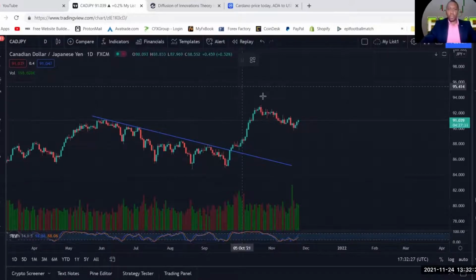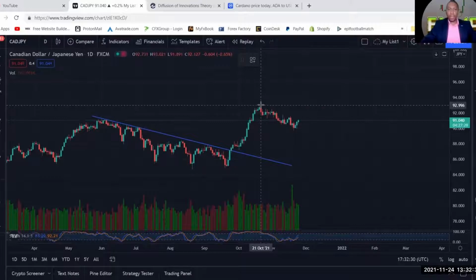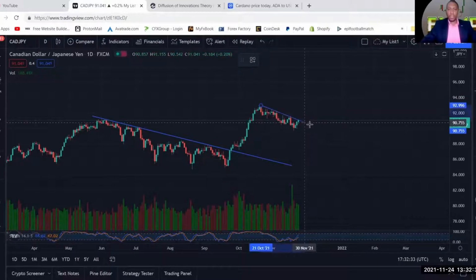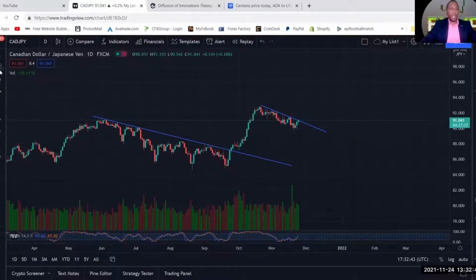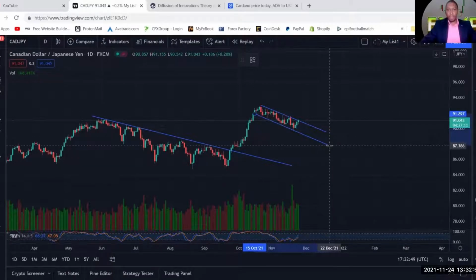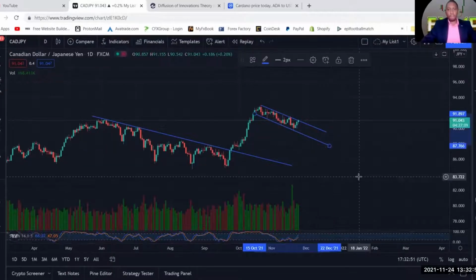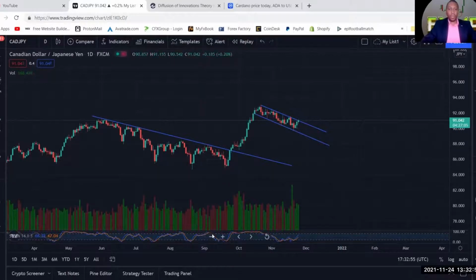We're at a point now where we made a high and then a little pullback, so we can plot a downtrend line here again. The daily says that we're still waiting for a break. The daily also shows a little channel here, so ultimately we want to wait until we get a break out of the channel.